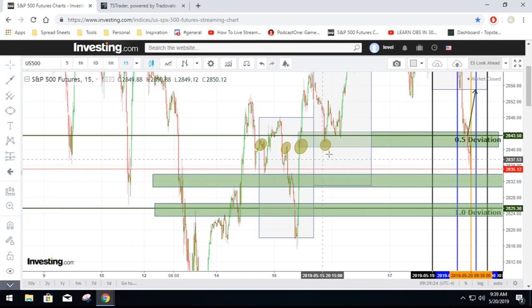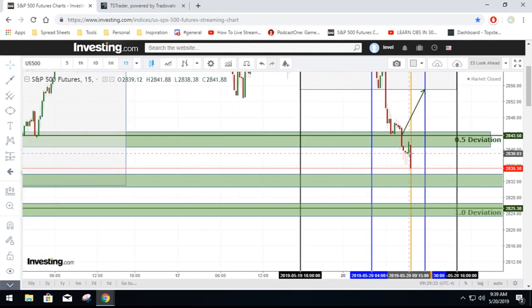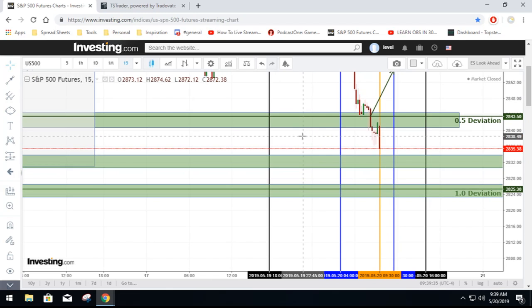So if you look at the bigger picture, you can see we hit the node, come down to the quarters, come to the downside. See how much power there is on the bearish side.